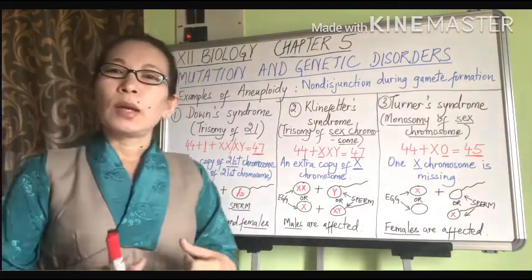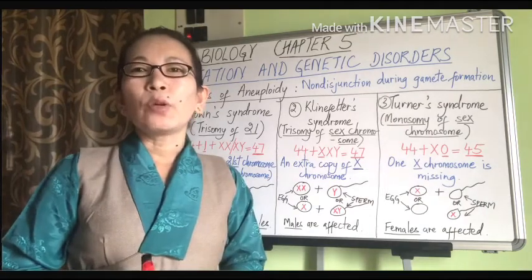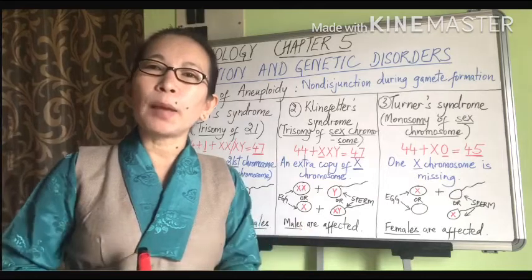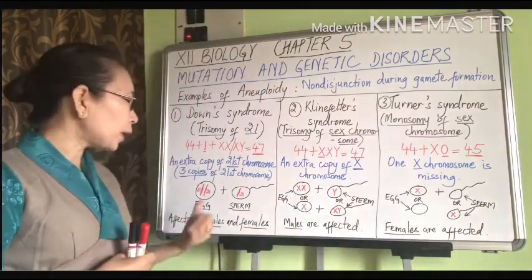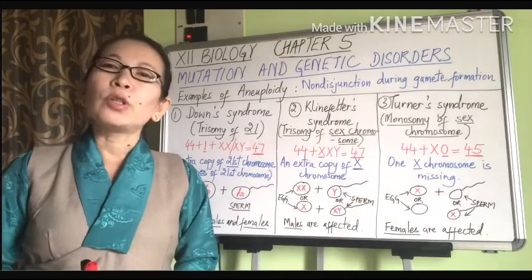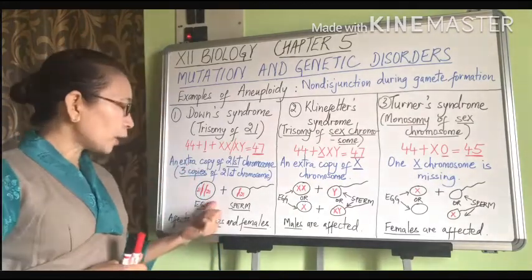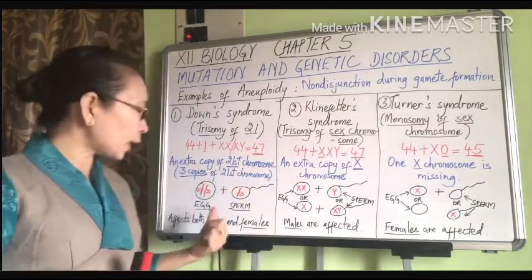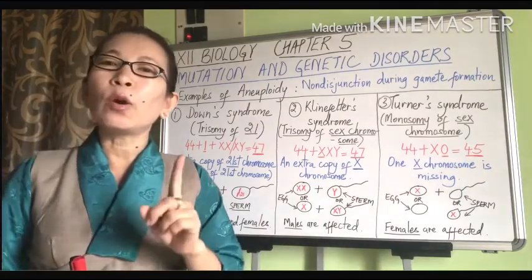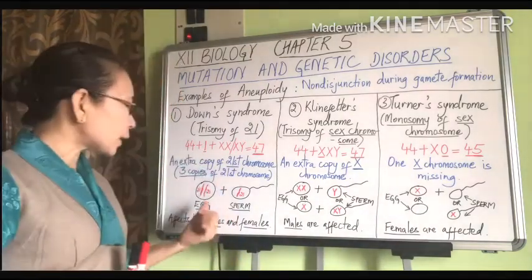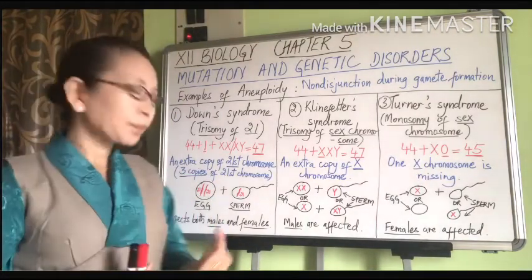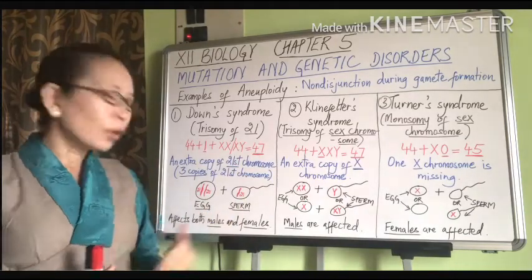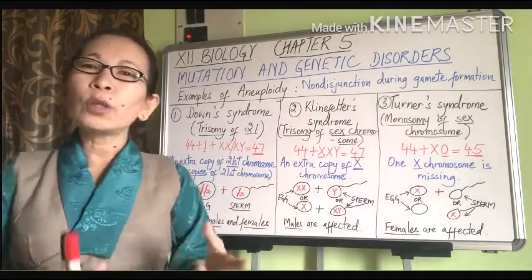Now, because the 21st pair could not separate equally into the eggs or into the sperm gametes, some of the gametes are going to be carrying both the copies of the 21st chromosome. What I've shown here is an egg having 2 copies of the 21st chromosome. So this egg has the rest of all other chromosomes in only 1 copy in the haploid set, whereas the 21st chromosome, because of the failure of segregation, because of non-disjunction, is carried in 2 copies.